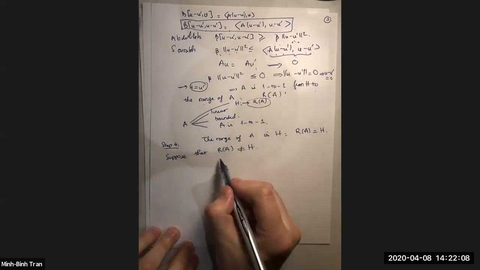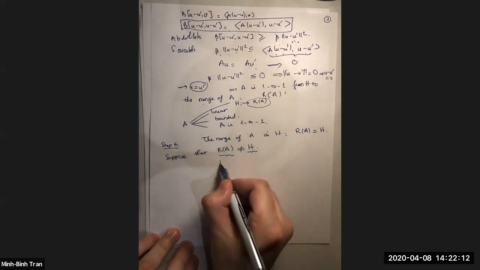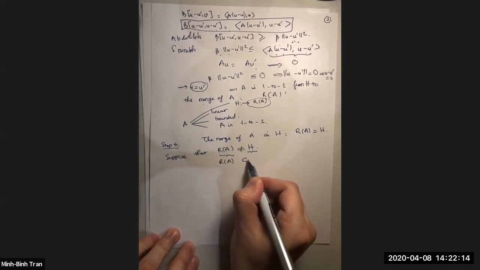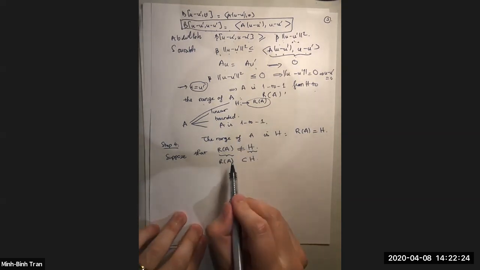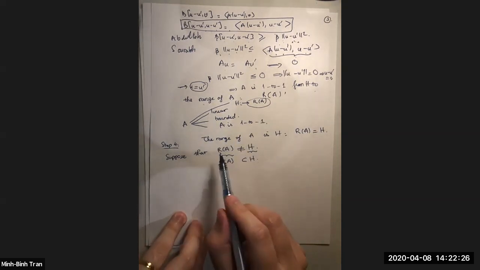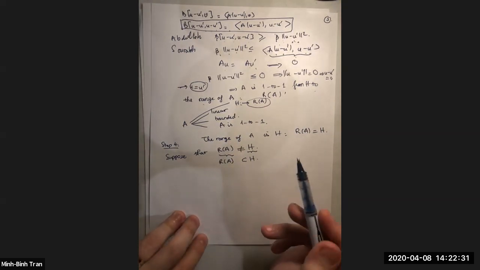Right. So this is a vector space, and this is a vector space. Of course, this vector space is included inside the vector space of H, right? So we're gonna prove by contradiction.